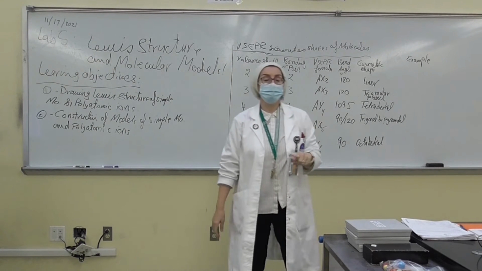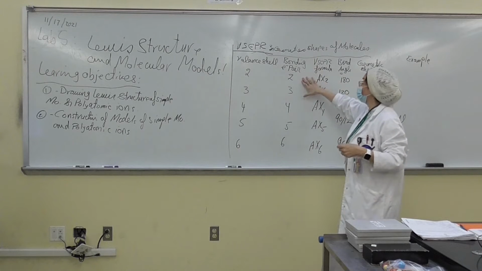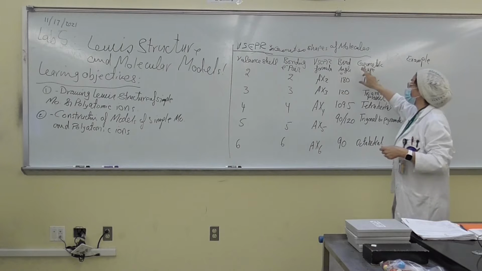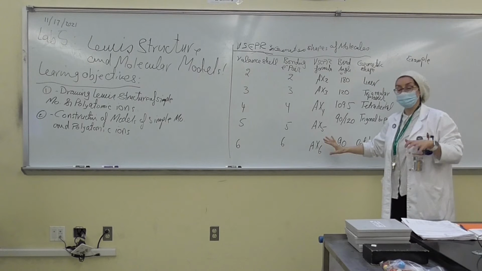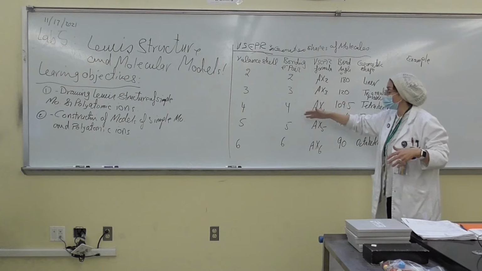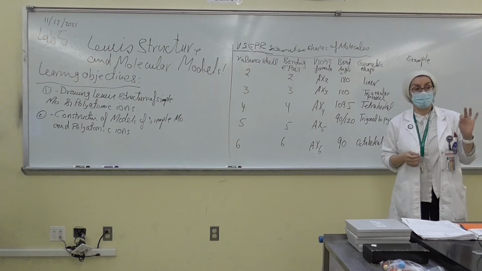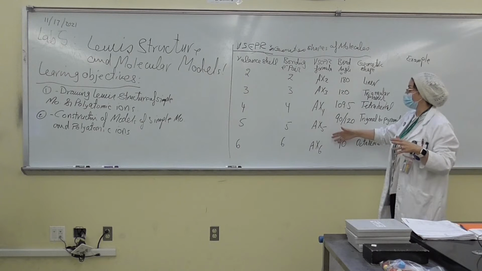So what we have here: the valence shell, bonding electron pairs, VSEPR formula, and bond angle. You see, these are the standard, generic formulas. Every single one of those is without non-bonded lone pairs; all are bonded pairs.